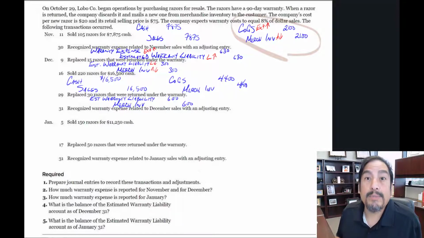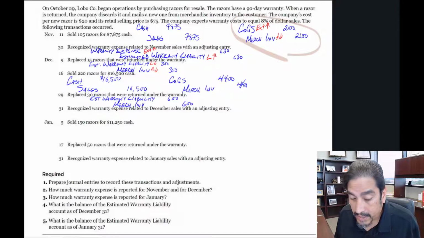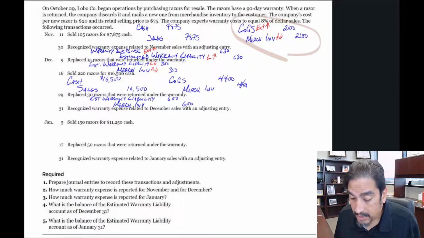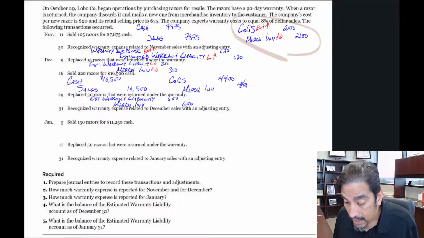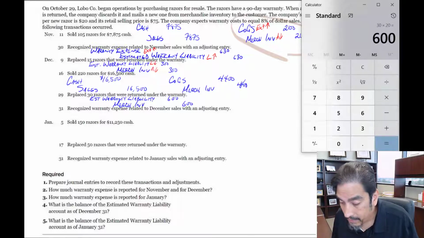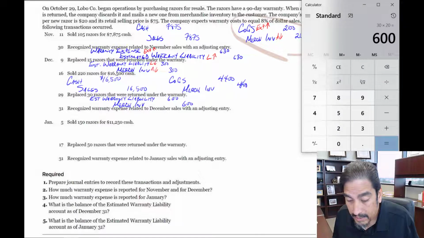And then on December 31st, we have another adjusting journal entry. The adjusting journal entry is to record December warranty expense. And so we find how much sales we had in December for our razors. And it's just December 16th is our only sales entry.